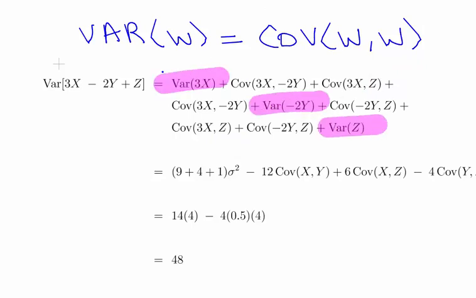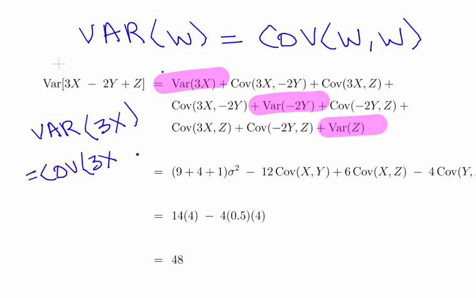So the variance of 3x can be written as the covariance of 3x and 3x, which is 9 times the covariance of x and x. Essentially take both 3's out, and then we are left with the covariance of x and x, which is the variance of x. So this is where this 9 comes from.